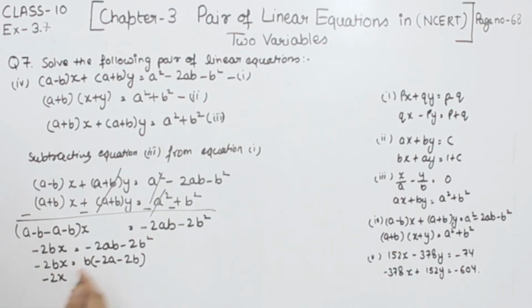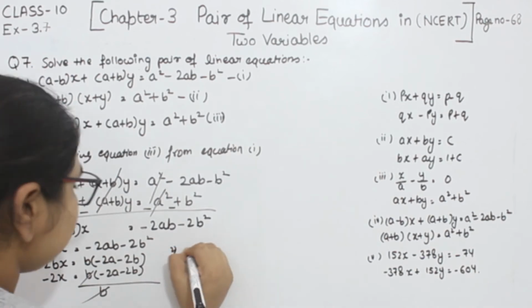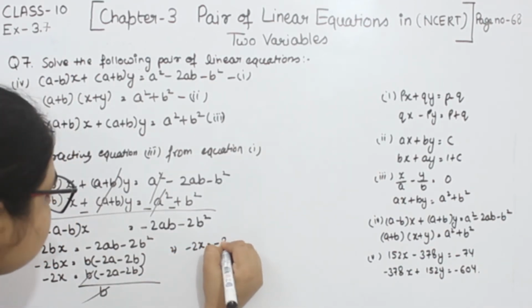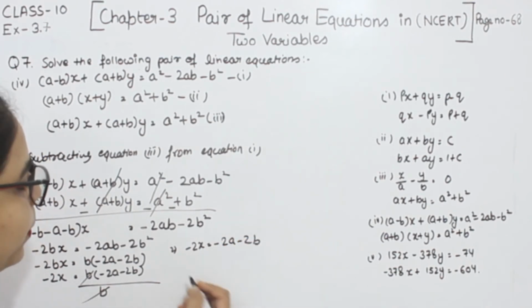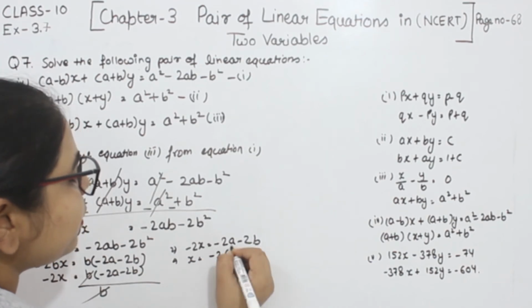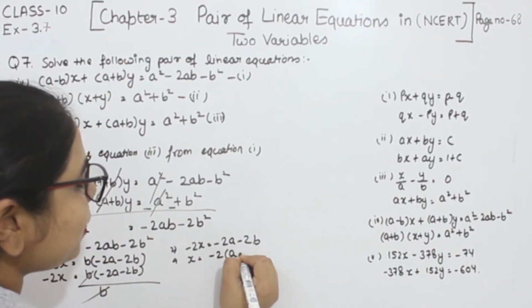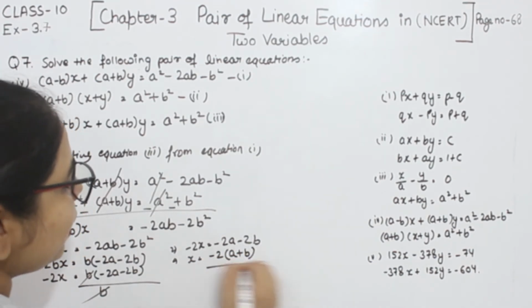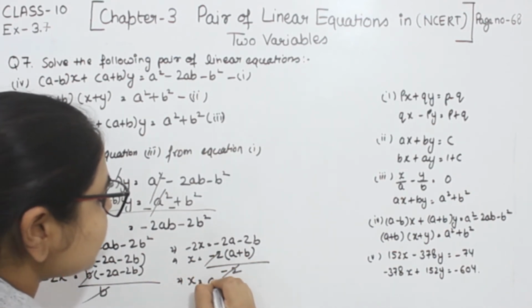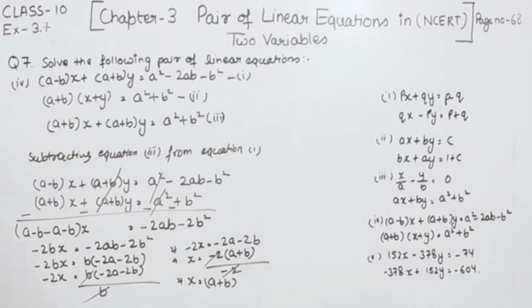So we have minus 2x is equal to minus 2a minus 2b. Now I am going to take minus 2 as the common, so here we have a plus b, and we are going to transpose this minus 2 here. So the value of x we have is equal to a plus b.